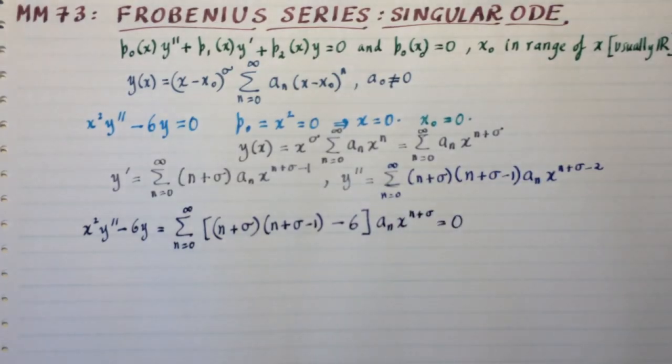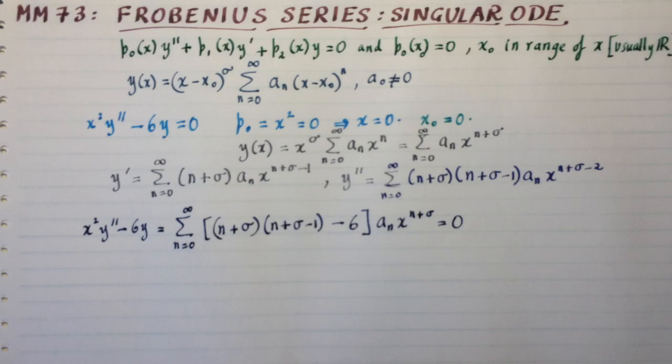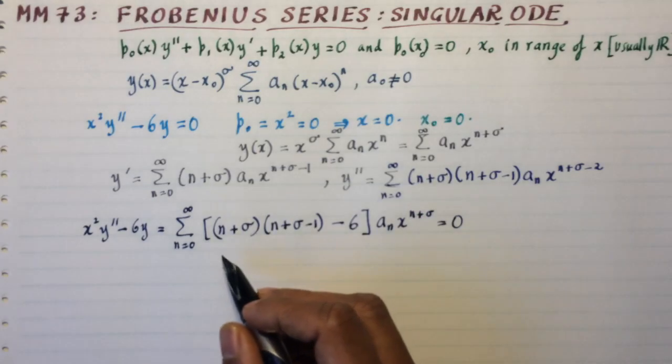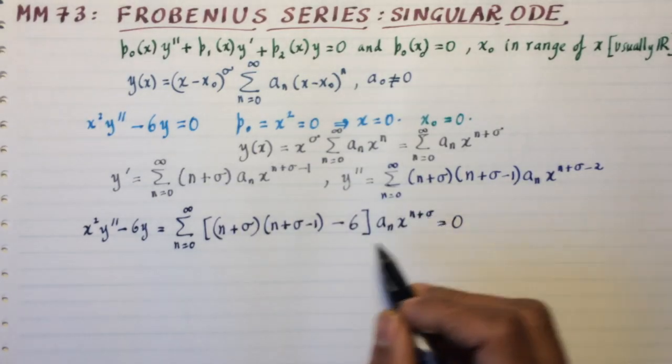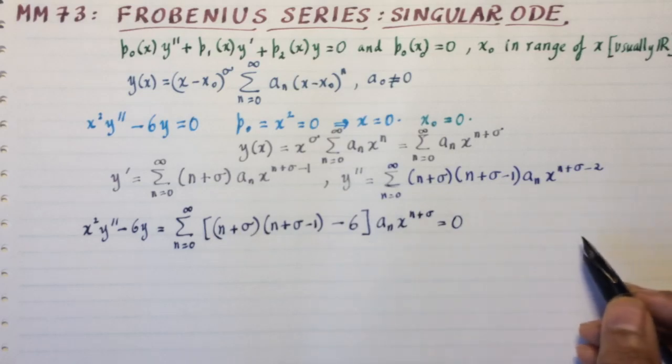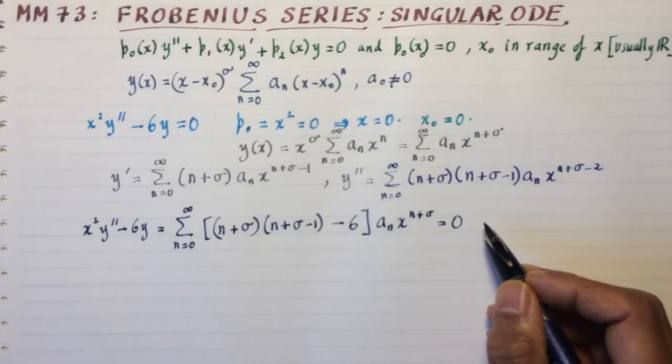Now the only way for this to be satisfied is for each value of n to satisfy that. So what I'll do is take the n equal to 0 term as the coefficient of x to the sigma. So essentially I'm comparing the coefficients of x to the sigma on both sides. Well, clearly the coefficient of x to the sigma on the right side is 0.